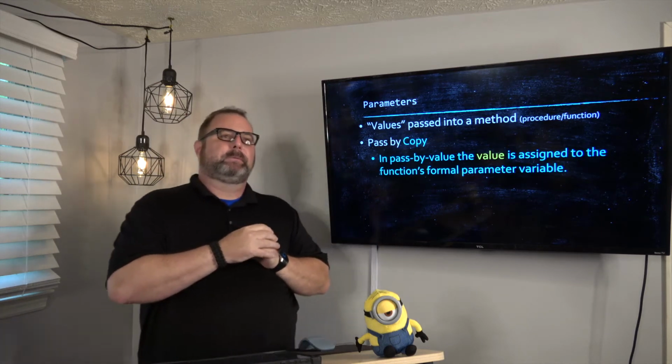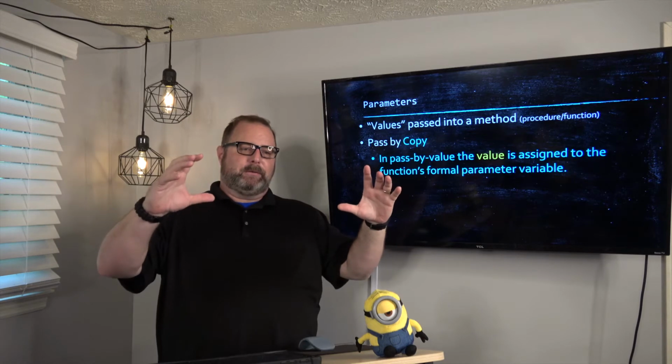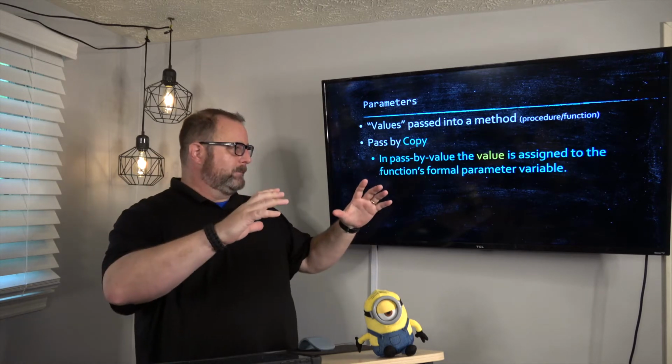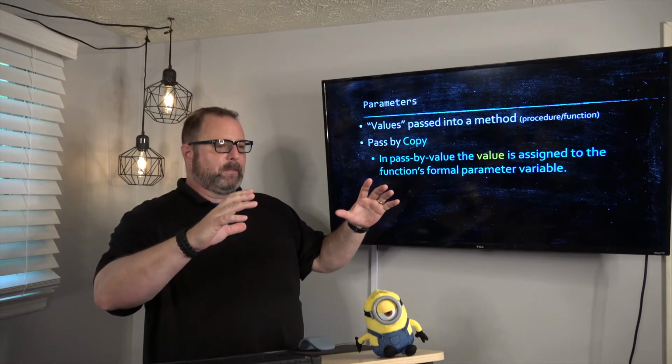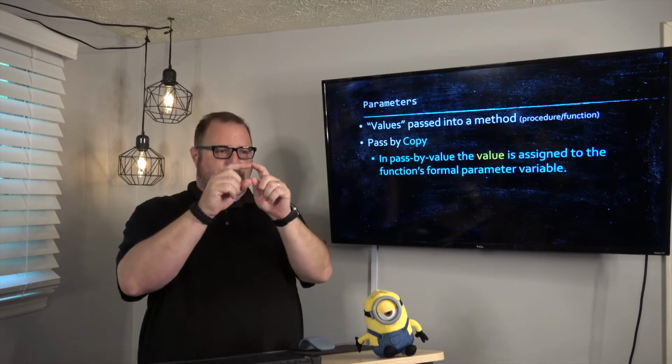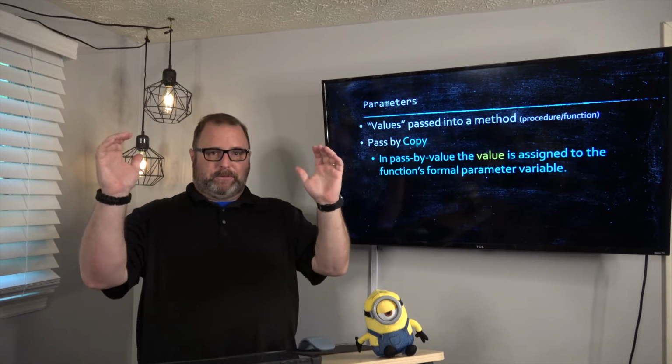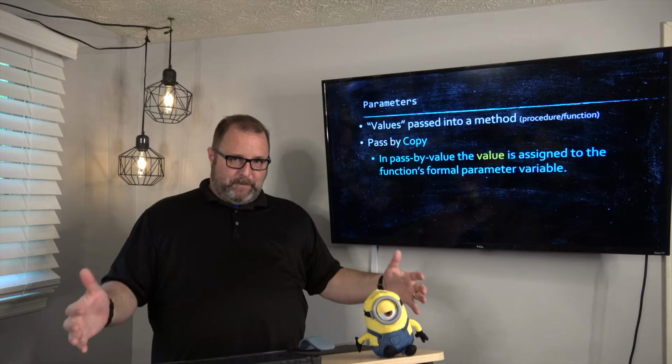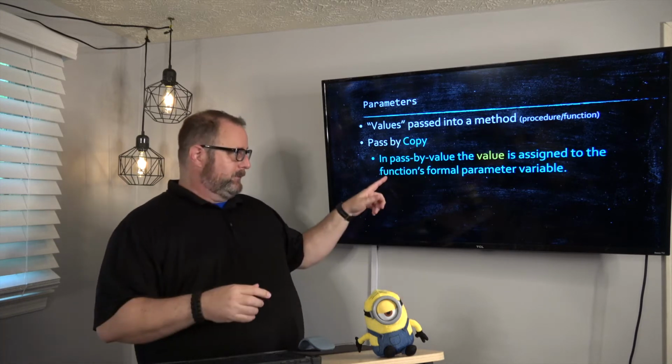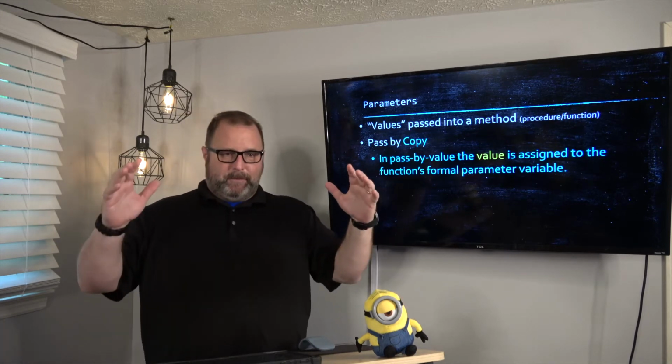In other words, when we set up a function or a procedure, we're going to have variables inside those parentheses when we define the method, whether it's a function or a procedure.